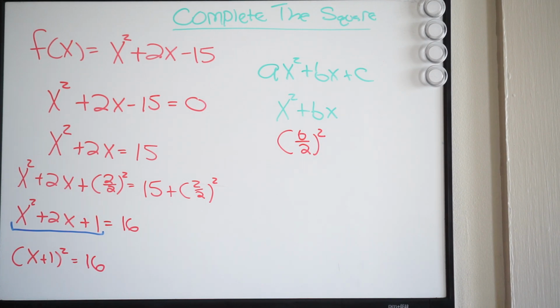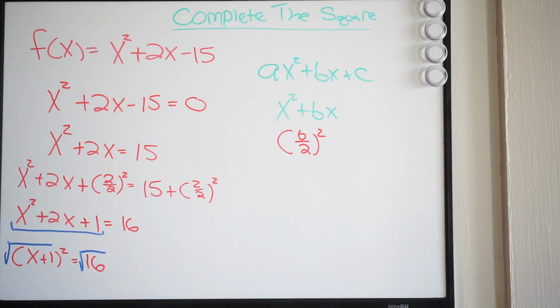And now we want to actually get the zeros here, so we want to solve for x. We're simply just going to take the square root on both sides to get rid of this exponent. So when we take the square root on both sides, we get the following.